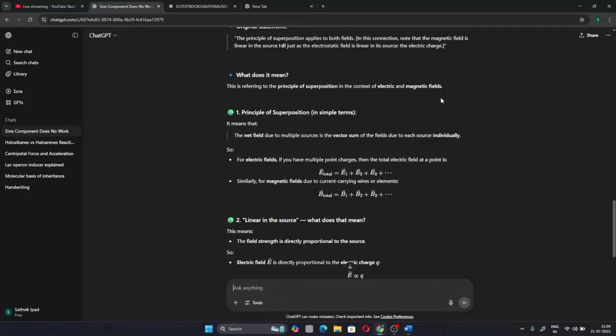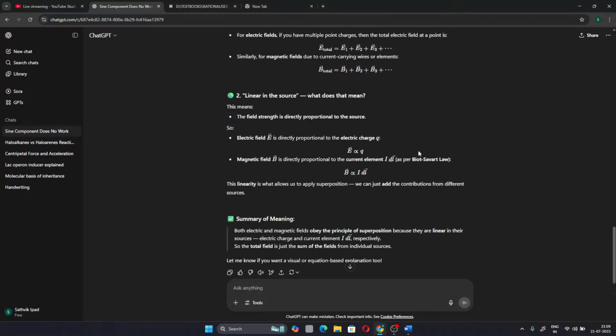Okay, linear in source means the field is directly proportional to the source, where in case of electric field it is directly proportional to the charge, whereas for the magnetic field it is directly proportional to I dl, where it depends both on the current and the length of the small element.